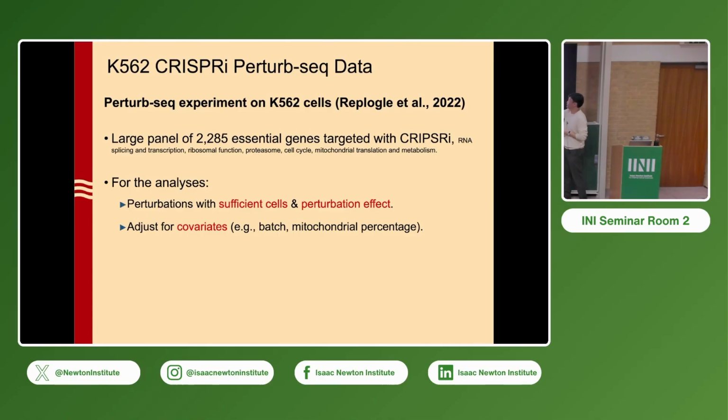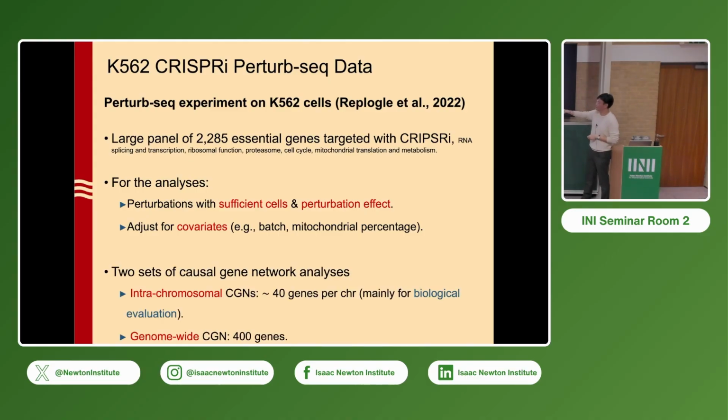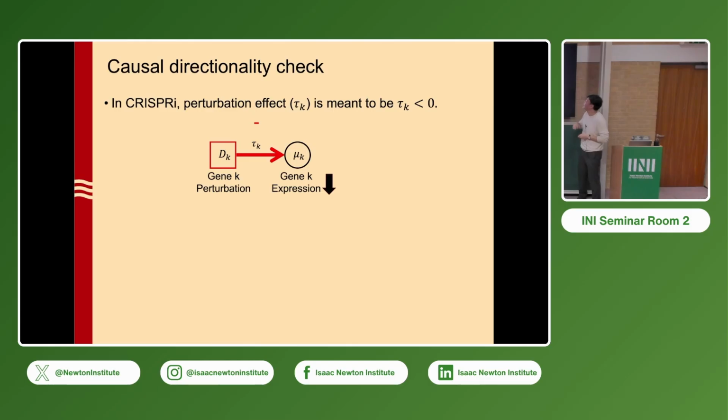We also require that the perturbation effect is strong enough, because that's an assumption we have. We also adjust for covariates such as batch or mitochondrial percentage. We did two sets of analysis, one for biological evaluation and the other more for exploration: smaller DAGs for the first and a larger DAG for the second.